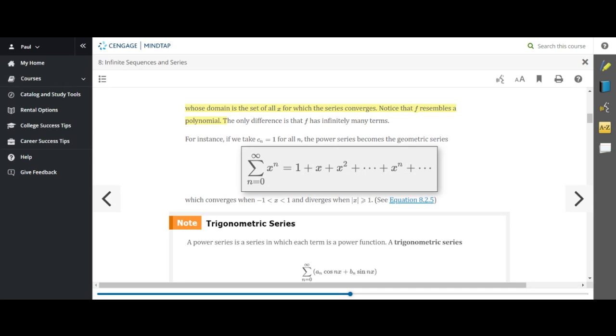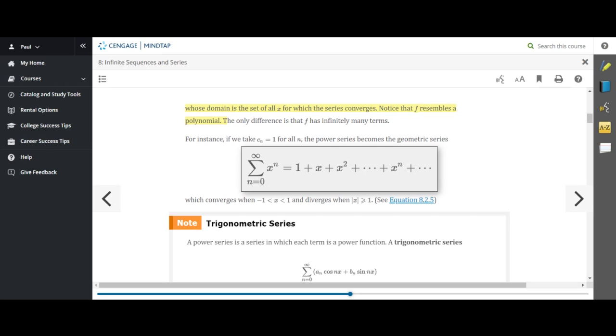That's right, Renat. It's a geometric series. Well, what's the common ratio? If it's a geometric series, what's the common ratio? It is x. Because if you take the second term, x, and divide it by the first term, 1, you get x.